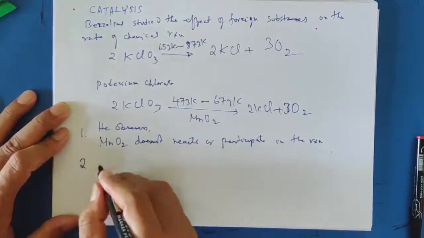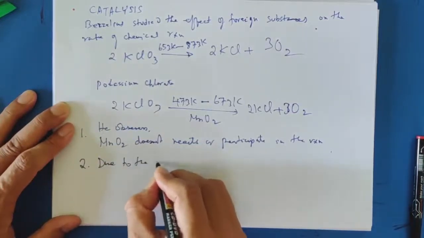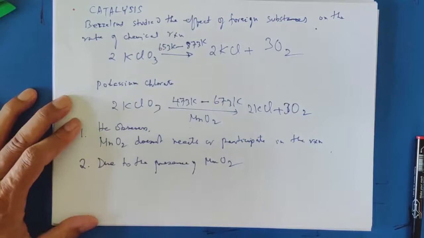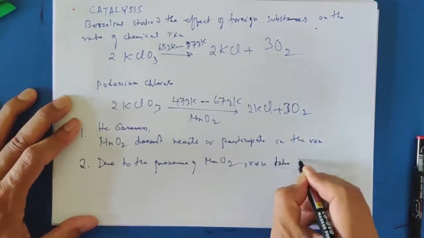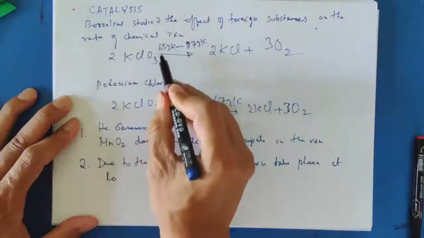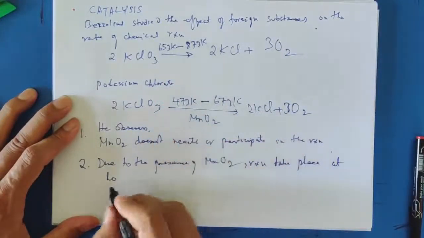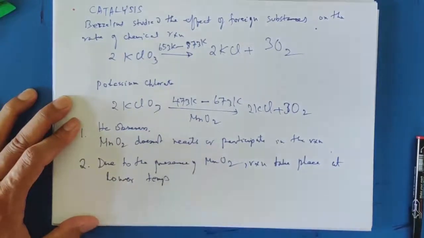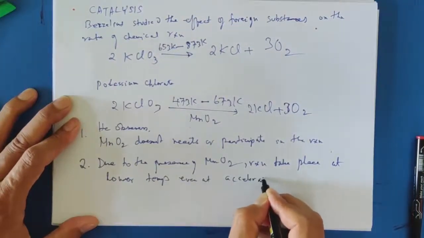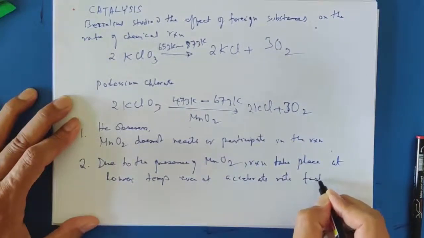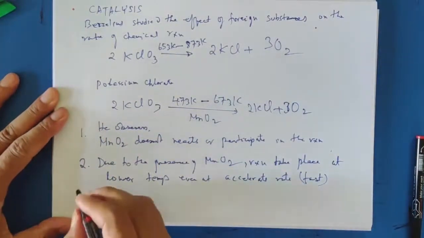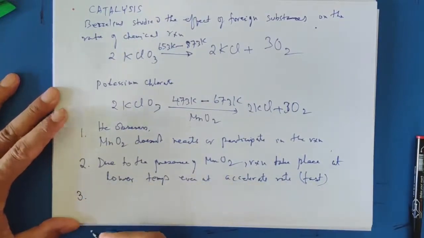Observation number 2: due to the presence of MnO2, the reaction takes place at a lower temperature, 473 Kelvin now instead of 653 Kelvin, and at an accelerated rate, faster. Very fast reactions.